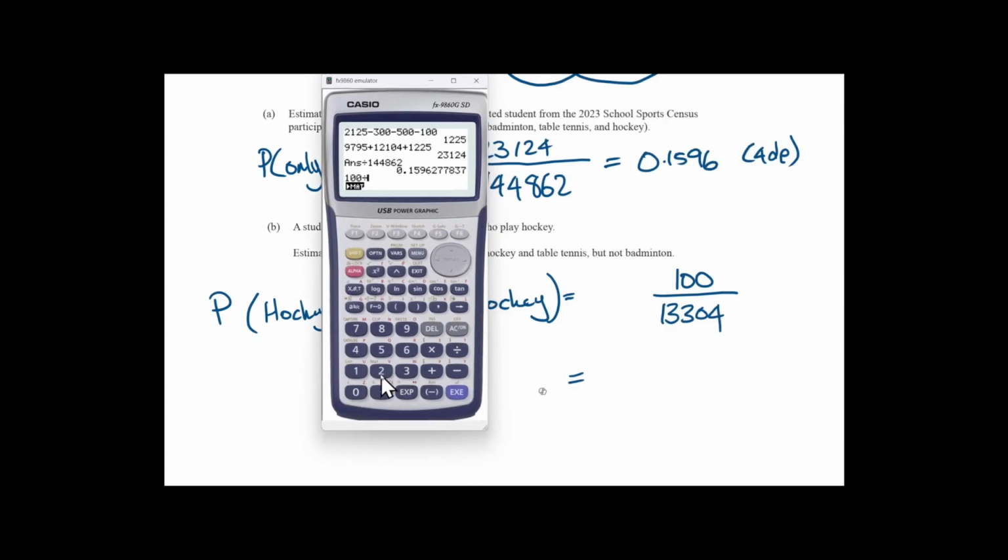100 divided by 13304. What? Ooh, really tiny.